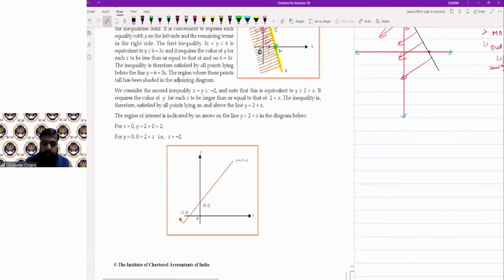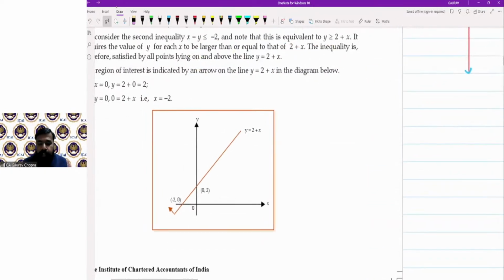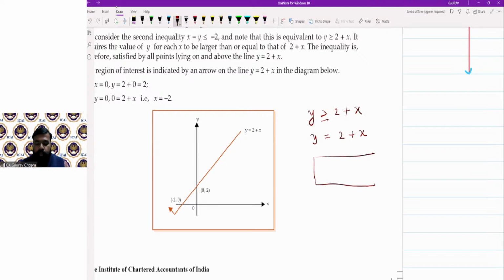Then see this case. The inequality is y greater than or equal to 2 plus x. So the first step will be to make them equal. Now, one by one, put the value and get the result. So let's say x is 0, what will be the value of y? y will be 2.